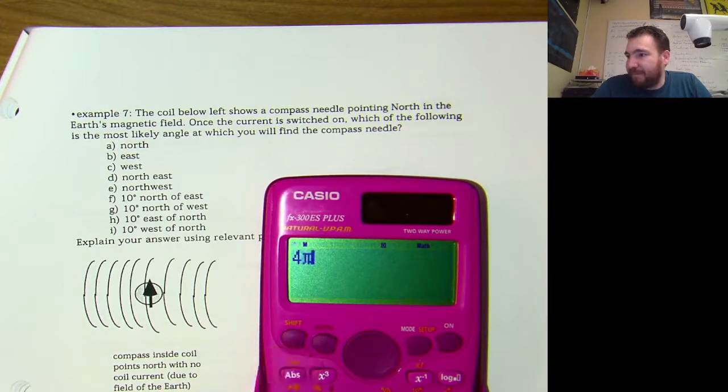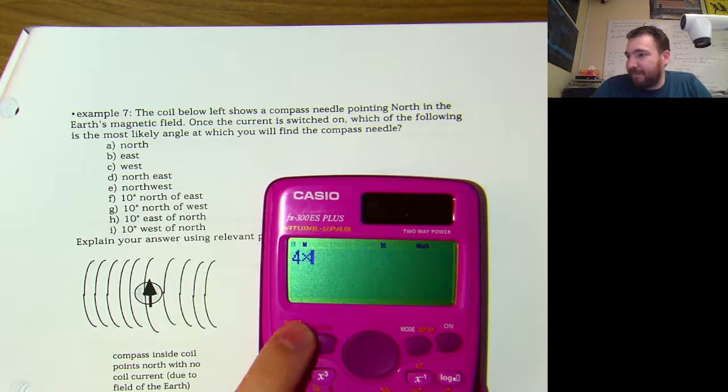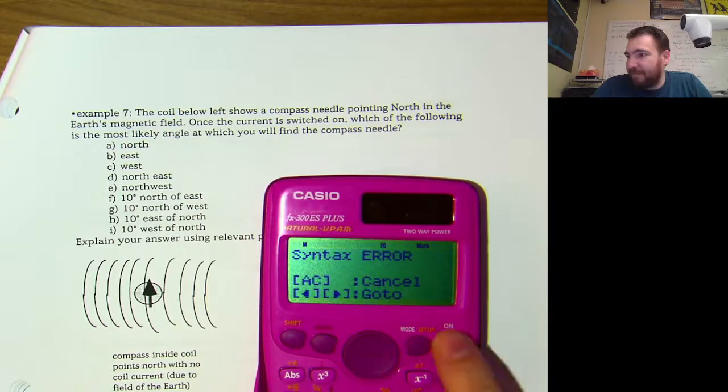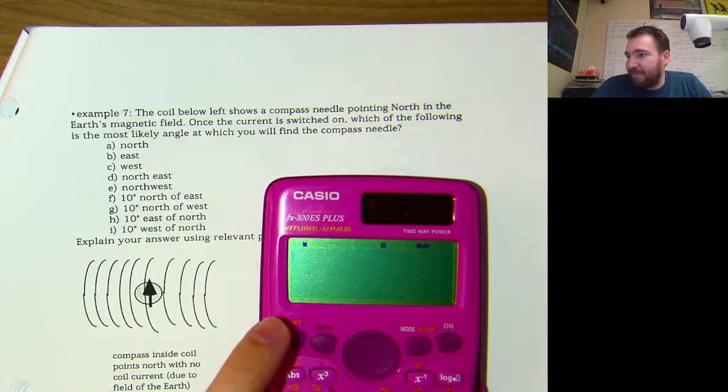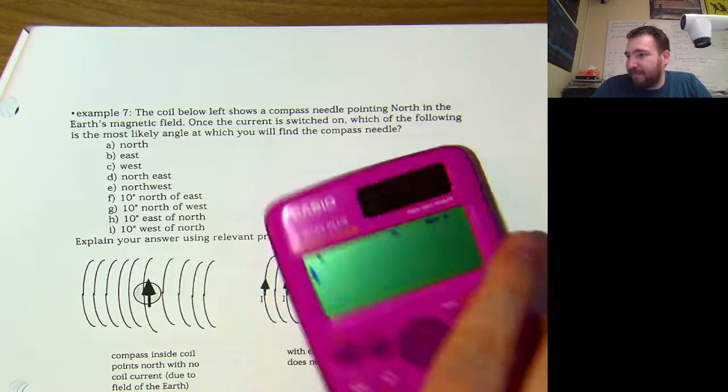So 4 pi negative 7. Ooh, syntax error. Interesting. I had to do pi times 4 to the negative 7. I don't know why your calculator has a problem with that.